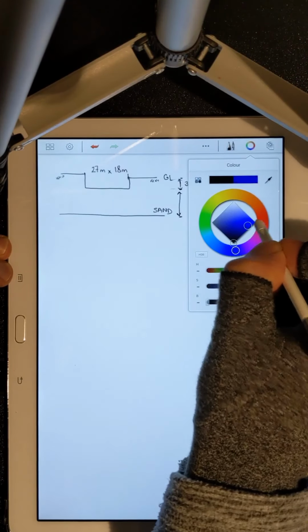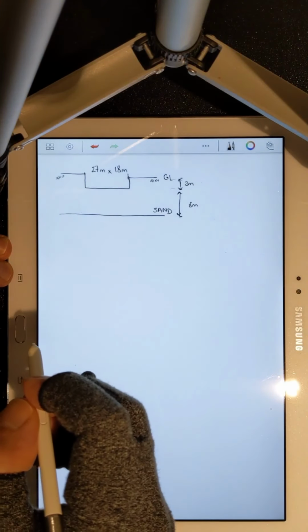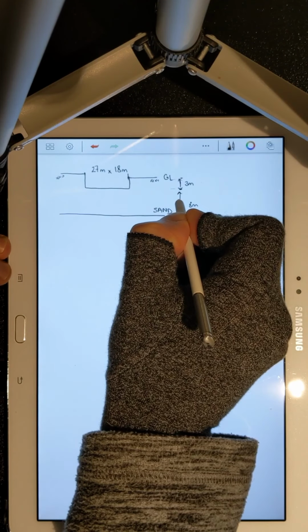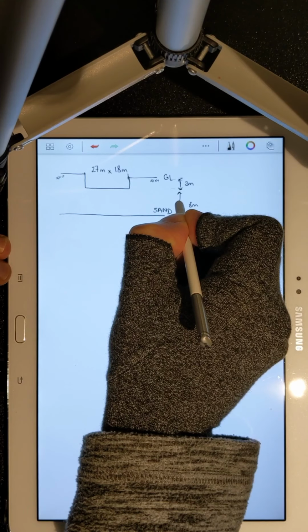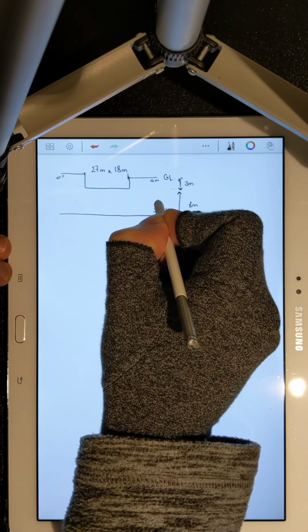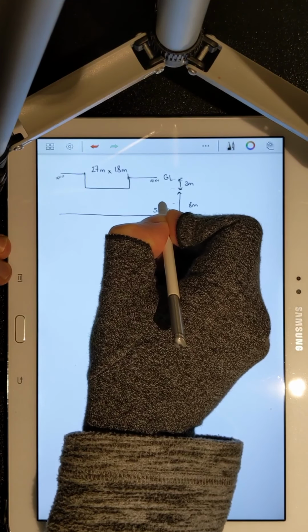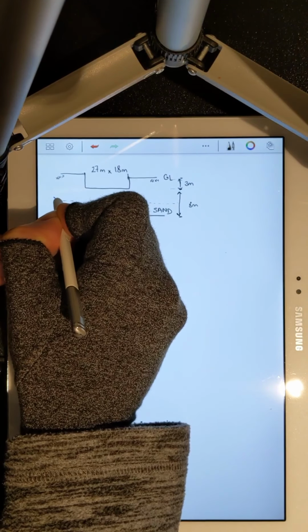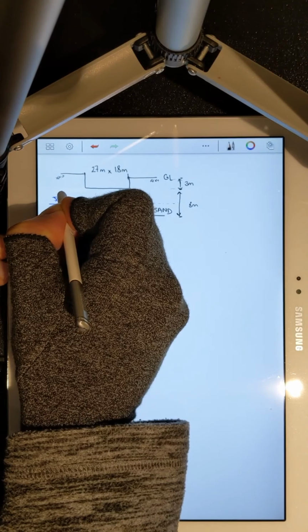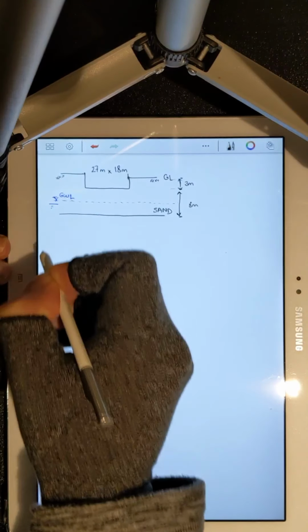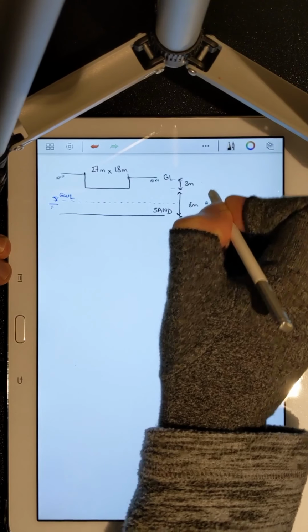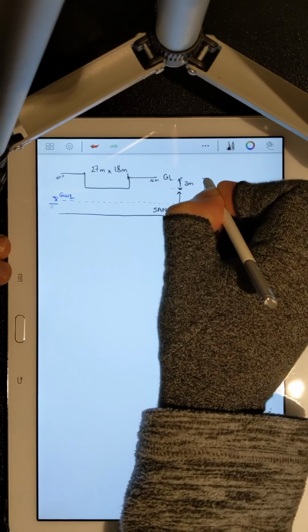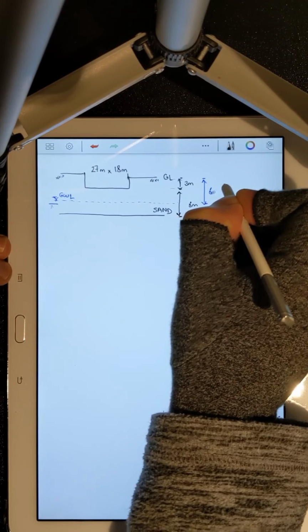And the groundwater level is standing at 6 meters below ground level, somewhere here. This is the groundwater level, hydrostatic.